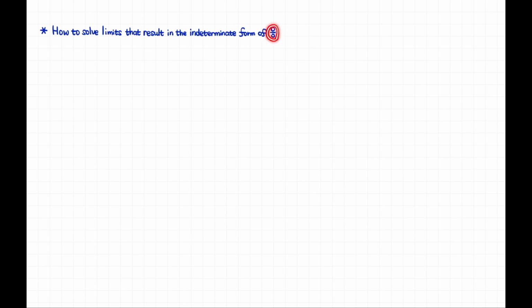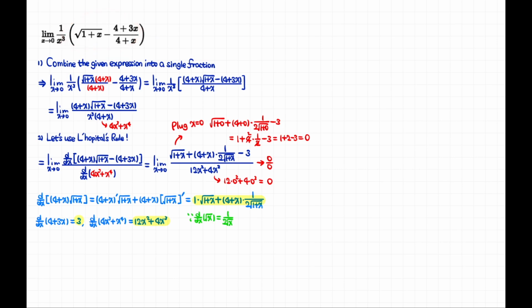This kind of form is called an indeterminate form because the value isn't immediately clear. The main topic here is methods for dealing with limits of this kind of type. So we're going to talk about how to approach this kind of limit problem.